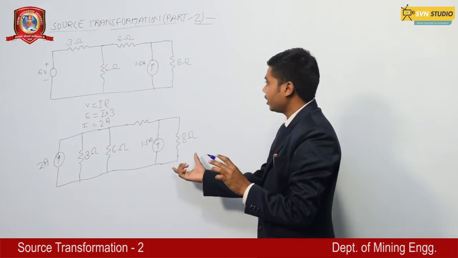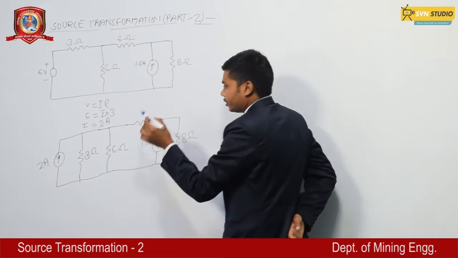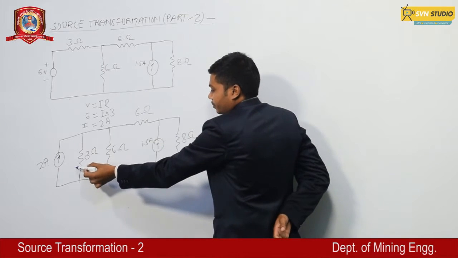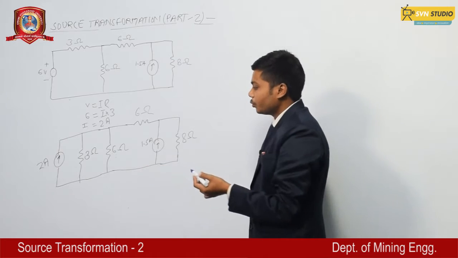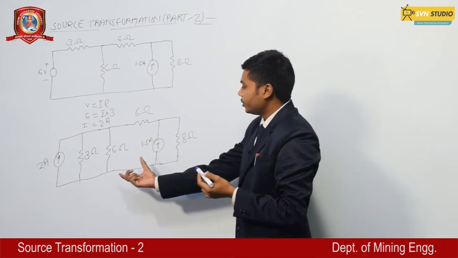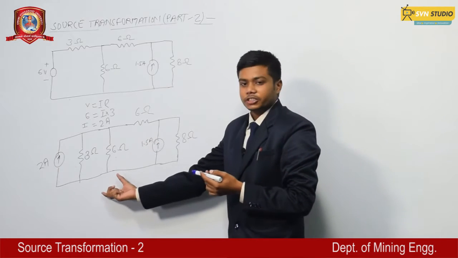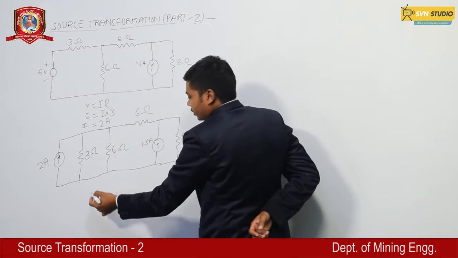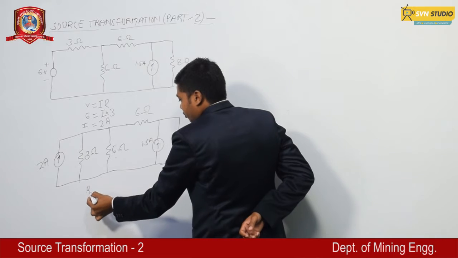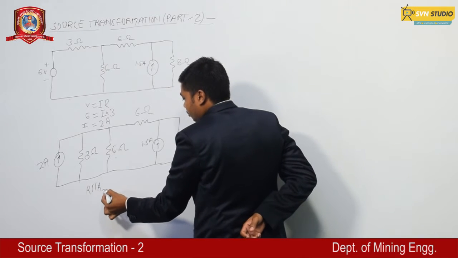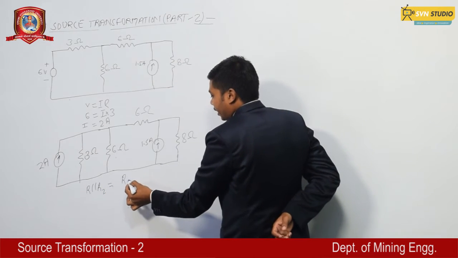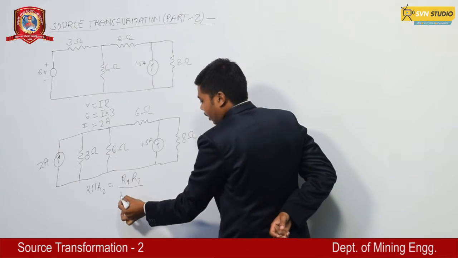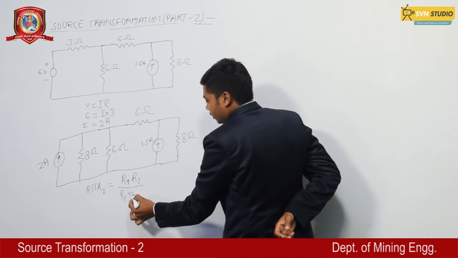Till now is it clear? What we can see now, this 3 ohm and this 6 ohm are both in parallel. As we have discussed earlier, for the parallel connection of resistances, suppose this is R 1 and R 2, then R 1 parallel R 2 will be equal to R 1 into R 2 upon R 1 plus R 2.